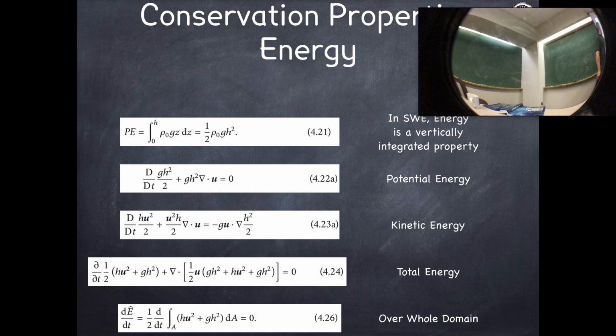Sorry, so this is the flat bottom case, which will make our life a little simpler for the moment. What do you think is conserved in this system? How did I make energy like in the homework problem?